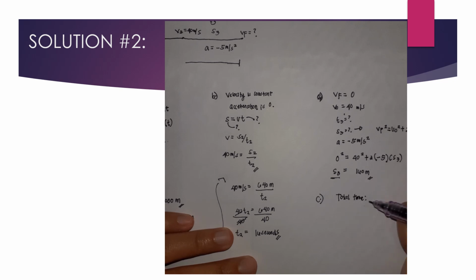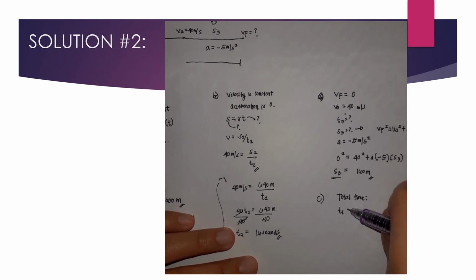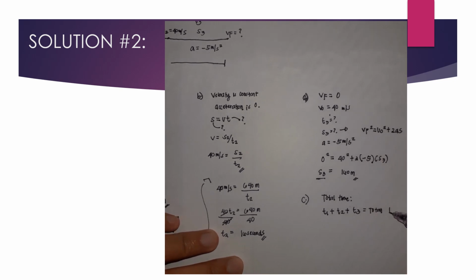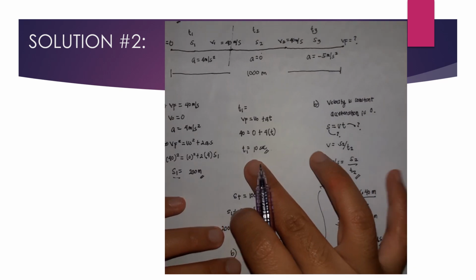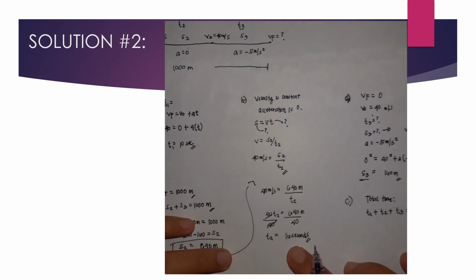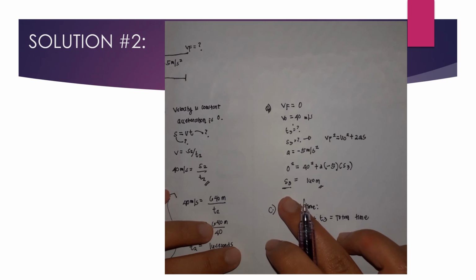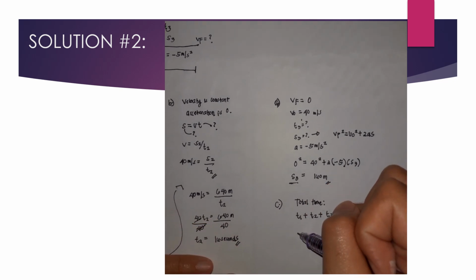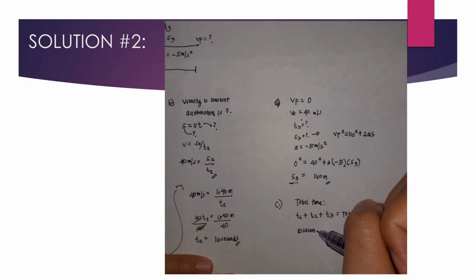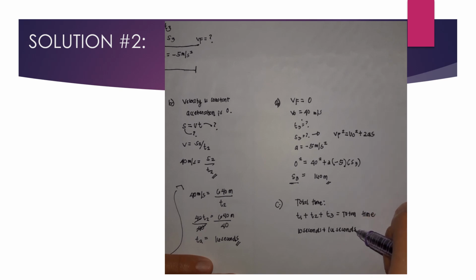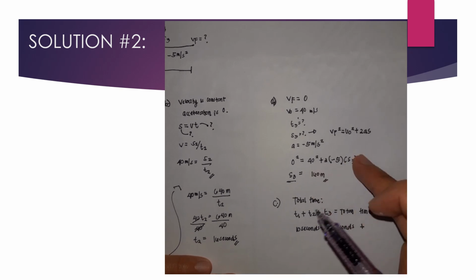Now moving on to letter C, we have to find the total time of travel. So T1 plus T2 plus T3 equals the total time. Our T1 is 10 seconds, T2 is 16 seconds, and we forgot to solve for the time 3.